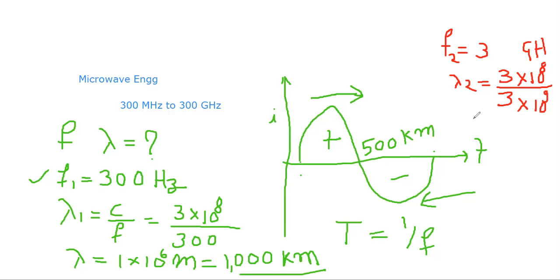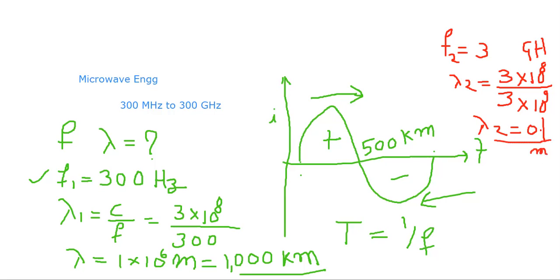What is the answer? Lambda 2 will be 0.1, and the unit will be meter. 0.1 meter.